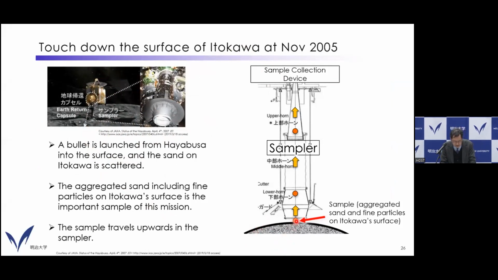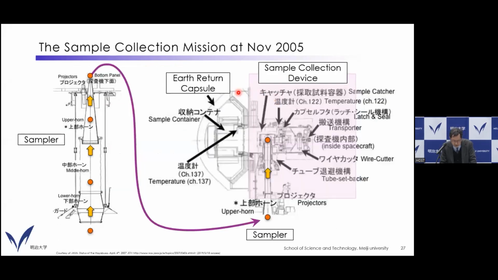The aggregated sand, including the fine particles on Itokawa's surface, is an important sample of this mission. The sample travels upward in the sampler like this. Now, the sample is at the top of the sampler here.